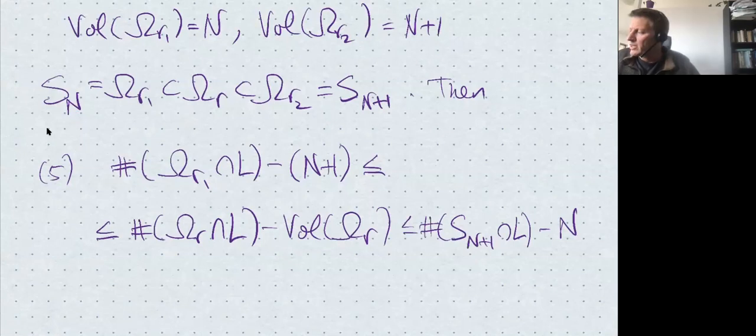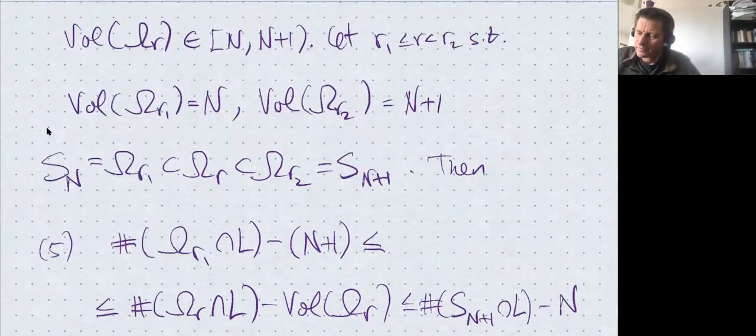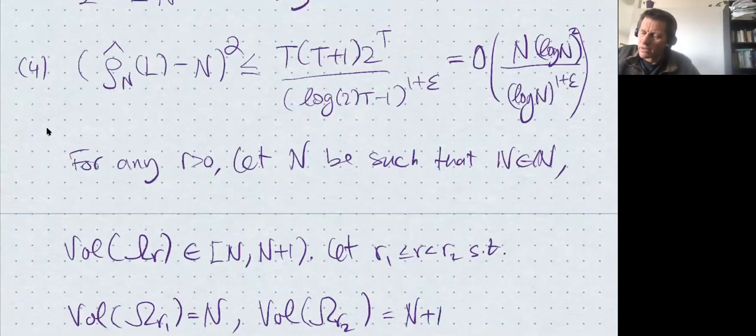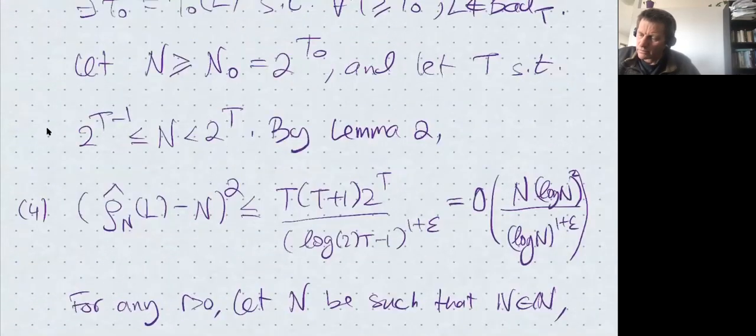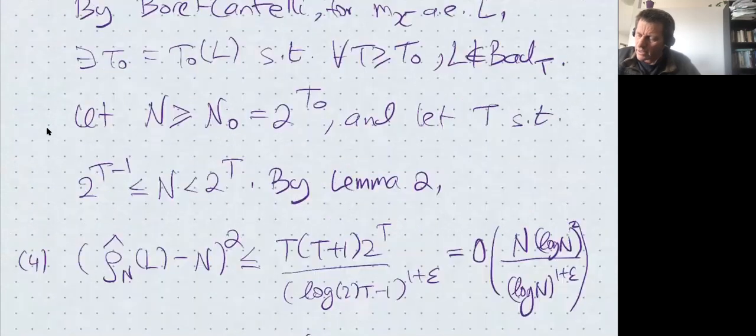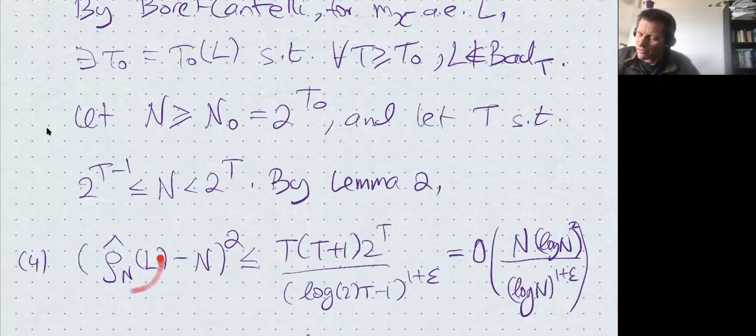But the point is, if you look at formula 4, if you take a square root of 4, this is the absolute value of the number of points in the set Sn minus the expected value, taking a square root. I get square root of n, log n, and log n to the half plus epsilon.